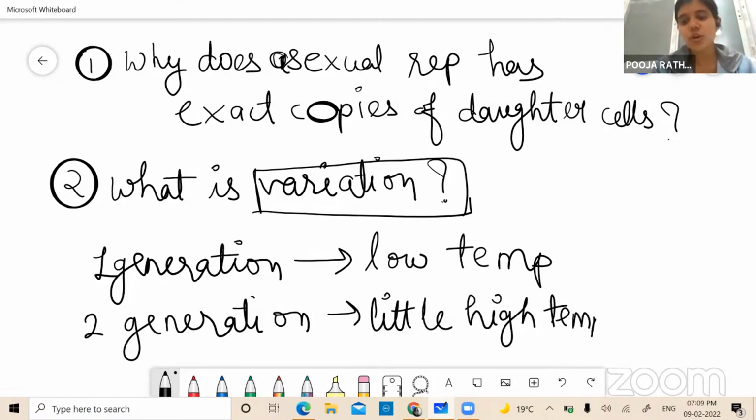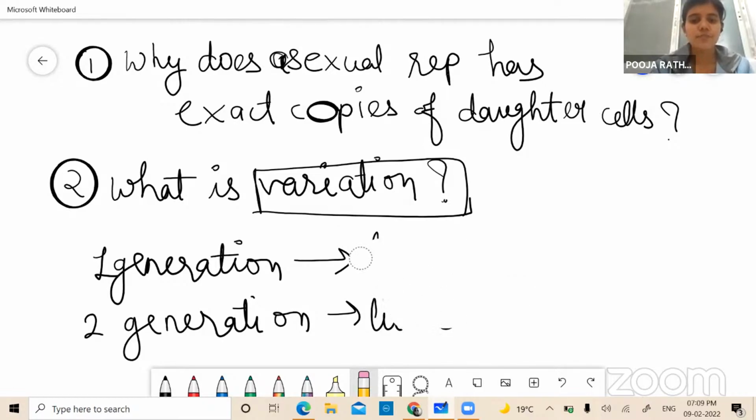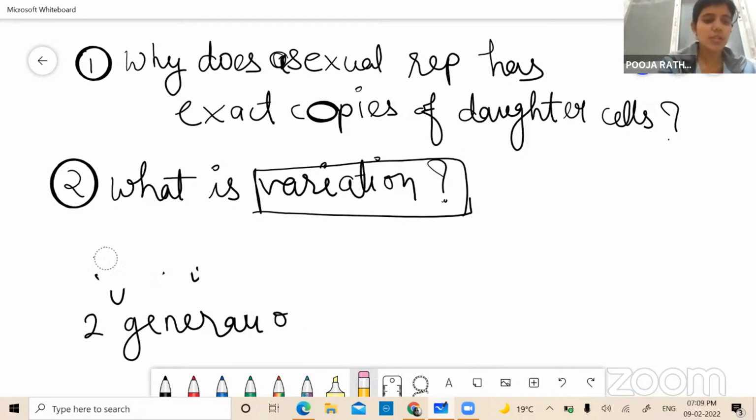So this is what is called variation. Okay, so it comes from generation to generation. Variation does not actually happen abruptly. If it happens abruptly, the species might vanish, and these species can't be seen anymore in that particular type of environment. Okay, now this is the answer for this particular question.